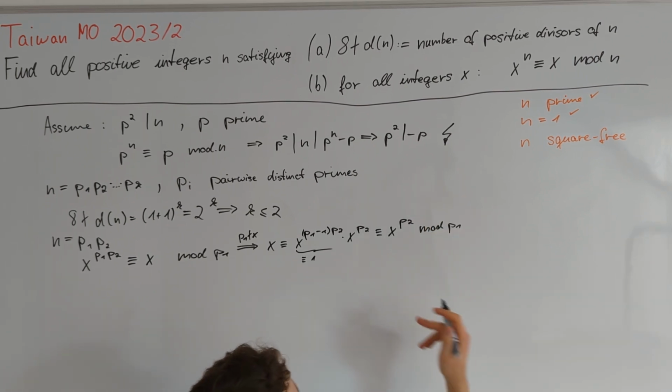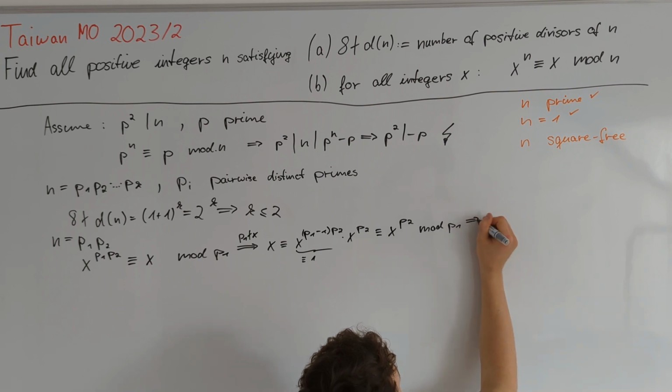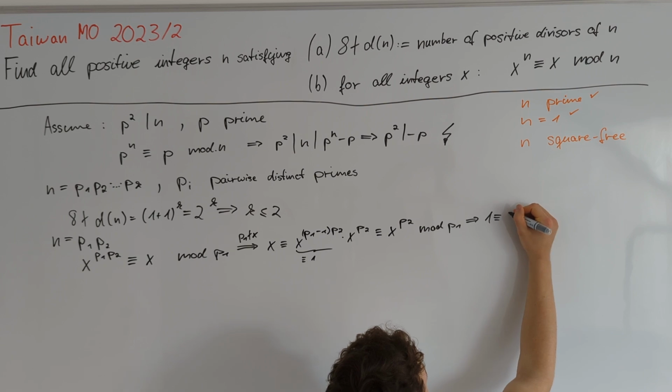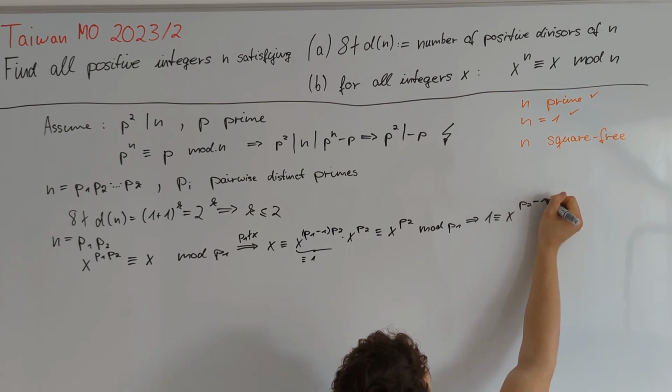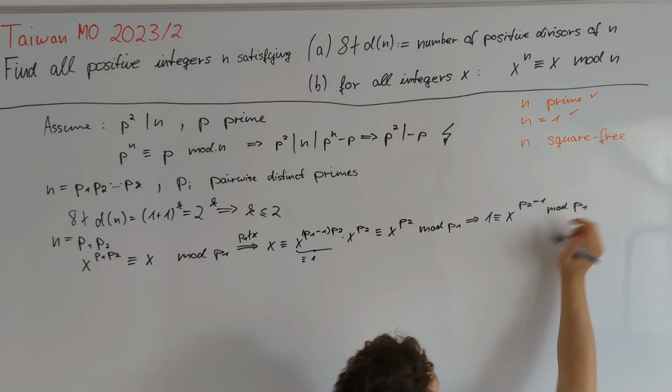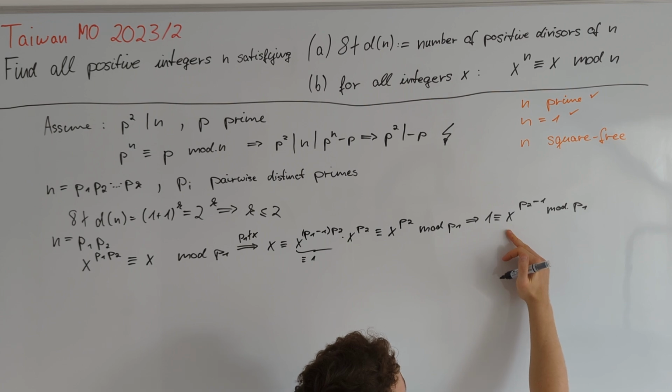Multiplying with the inverse of x on both sides, modulo p1, we get that 1 is congruent to x to the power of p2 minus 1 modulo p1 for all x not divisible by p1.